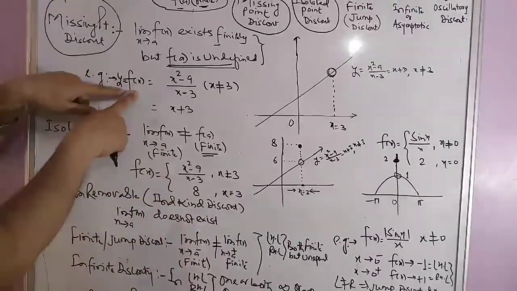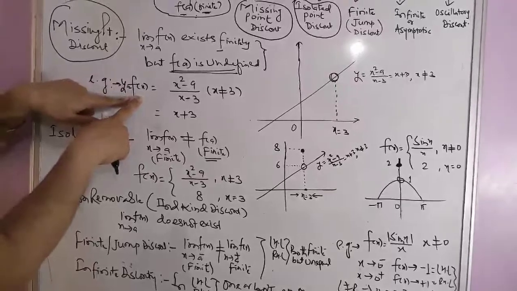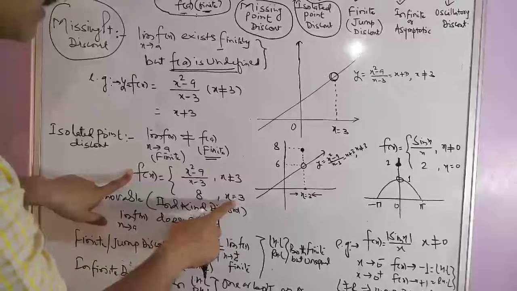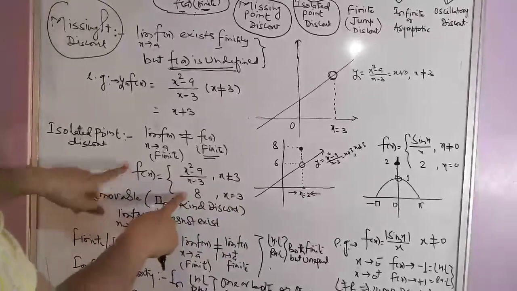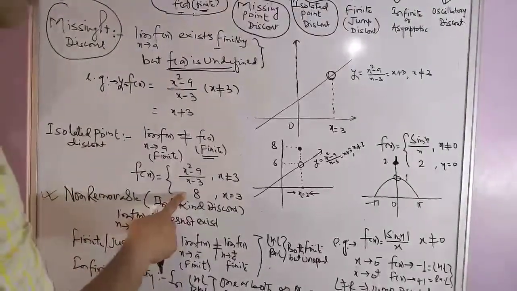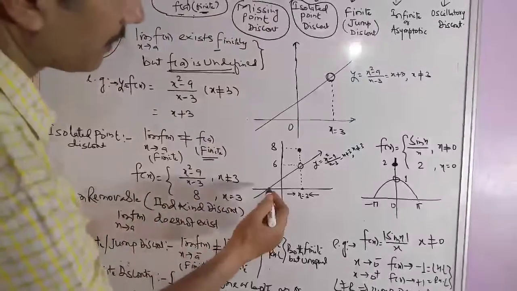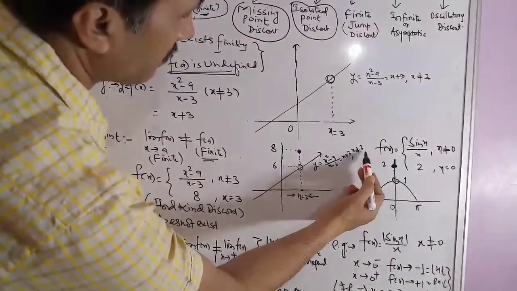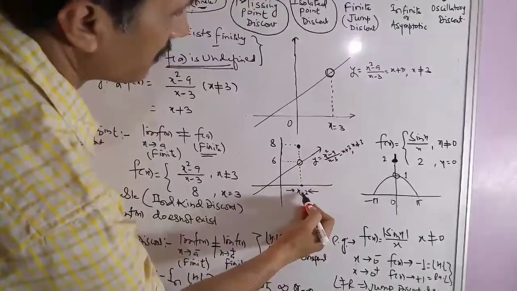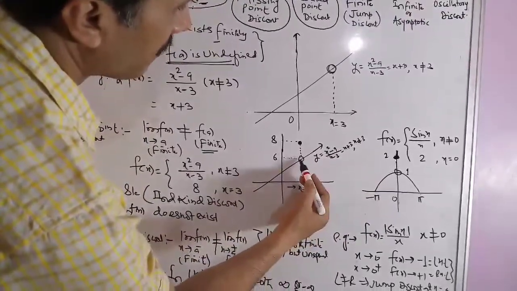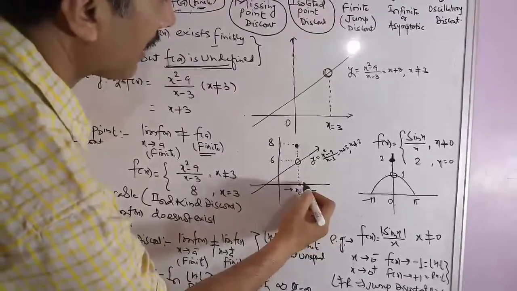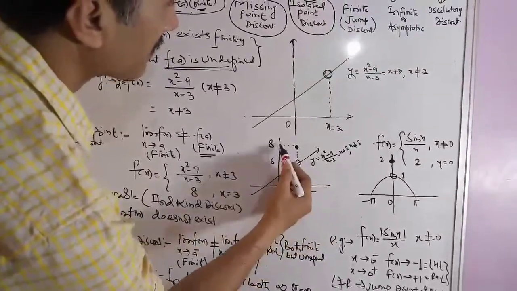Earlier the function was not defined at x equal to 3, but here the function is defined at x equal to 3, f(x) equal to 8. We draw the graph in the same manner as in the previous example. This line represents y equal to x plus 3, x not equal to 3. Corresponding to x equal to 3, there is a gap on the graph of the line. But at x equal to 3, the value of the function is 8 here.